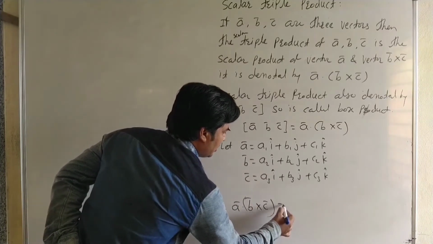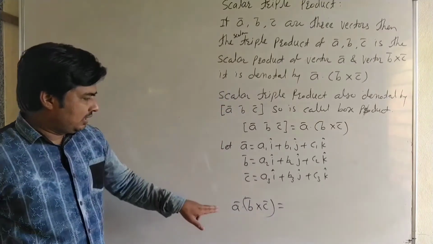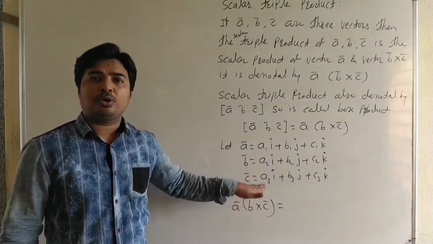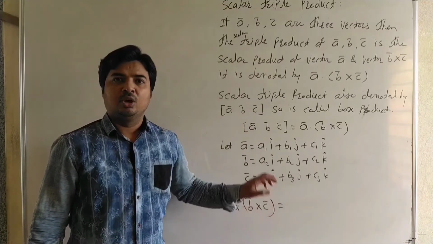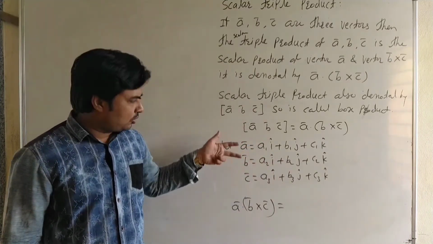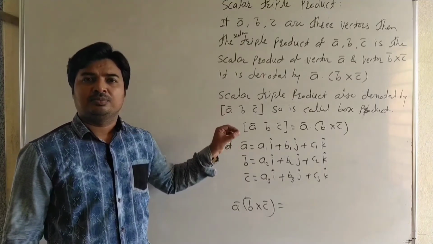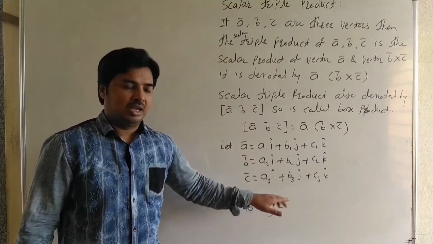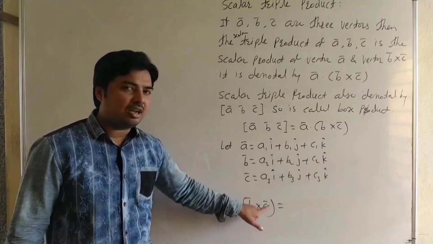Now see carefully. We can write A bar dot B bar cross C bar. It is the scalar triple product of these three vectors. We know only the dot product and cross product, that means the scalar product of any two vectors and the cross product of any two vectors. But here there are three vectors, and it is a scalar triple product.